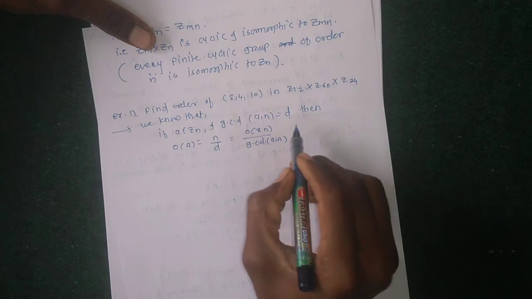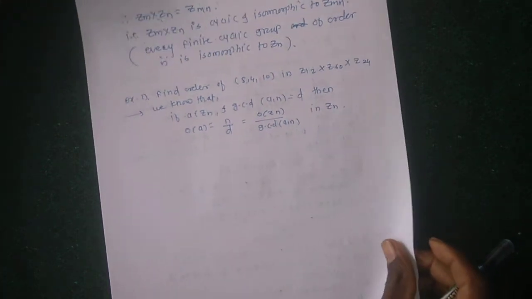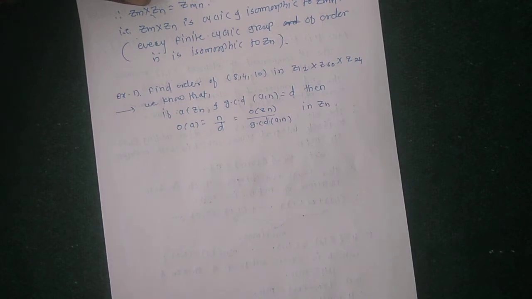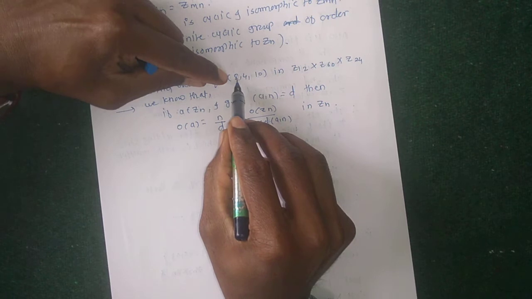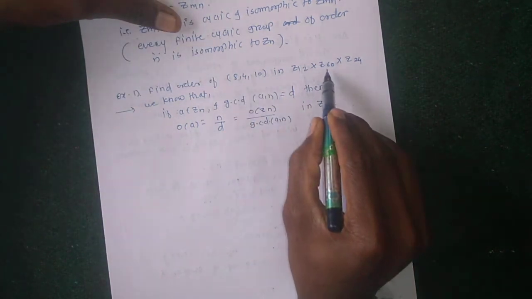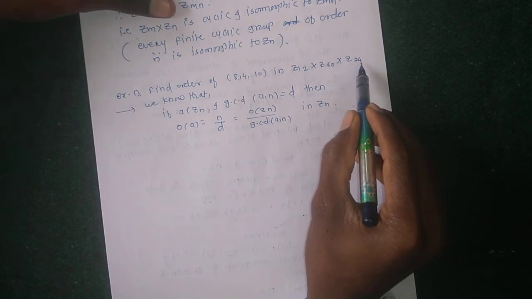Using this result in Zn, find the order of each element. 8 belongs to Z12, 4 belongs to Z60, and 10 belongs to Z24.